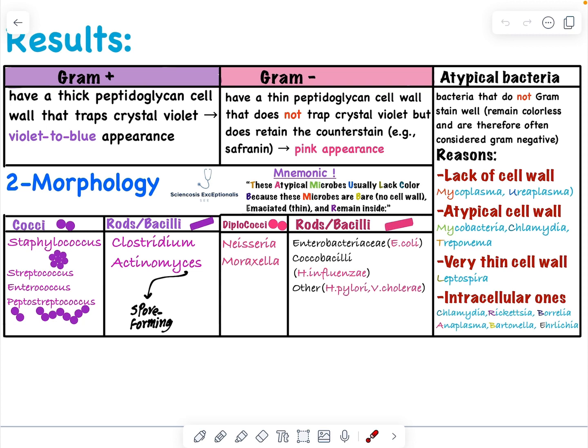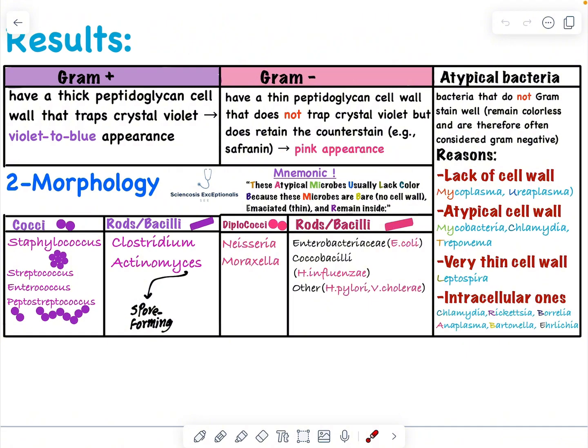The second consideration in the classification of bacteria is the morphology, and it comes along with the gram staining, and it divides into two main types: the cocci, which is the plural of coccus, and the bacilli, which is the plural of bacillus.